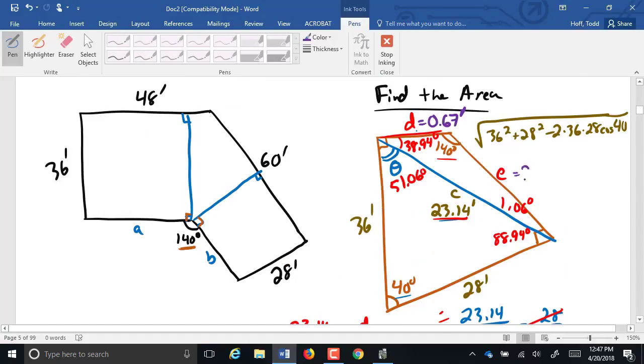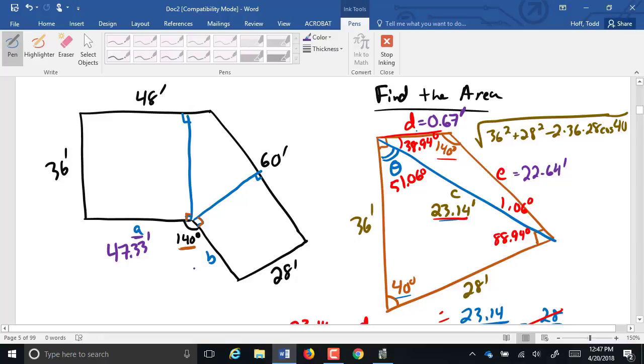This is 22.64 feet. So over here, what's this tell us for length A here? So 47.33 feet. In other words, 47 feet 4 inches.